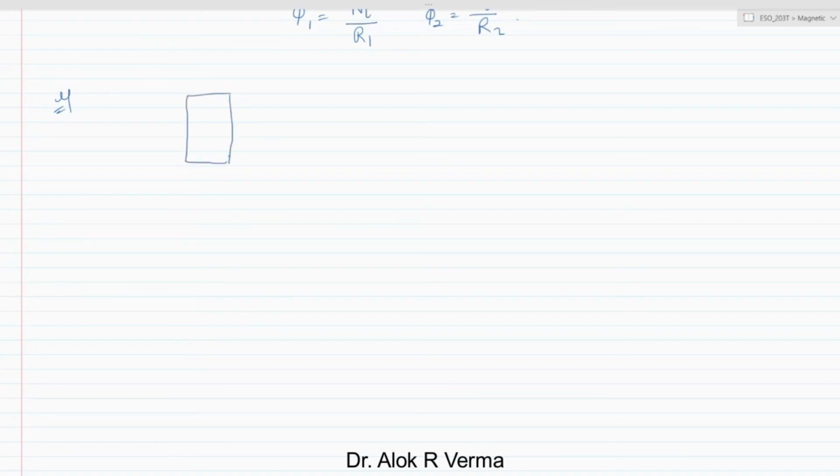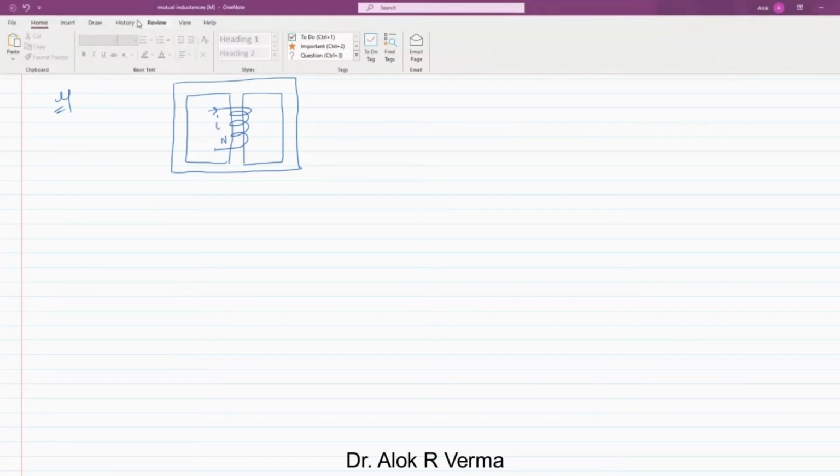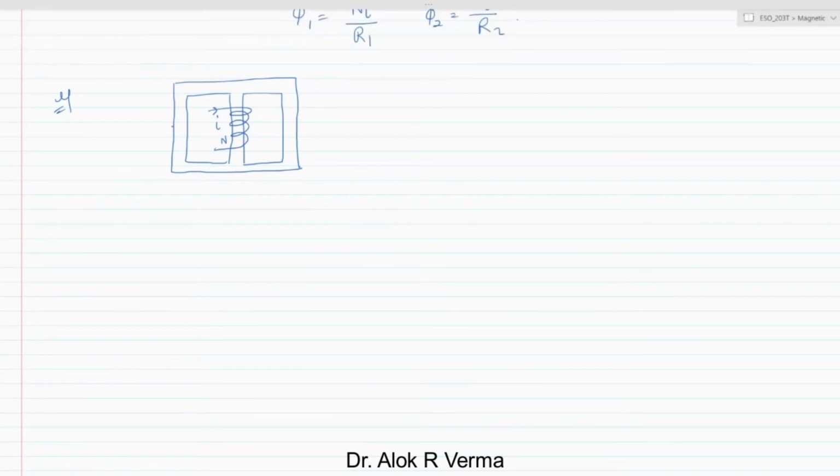So now if we look into another circuit, for example, you may have this. Here you apply the current I with number of turns N, and then you have an air gap. I'll draw the gap with red color. So from here you have a gap, and one gap you have here.